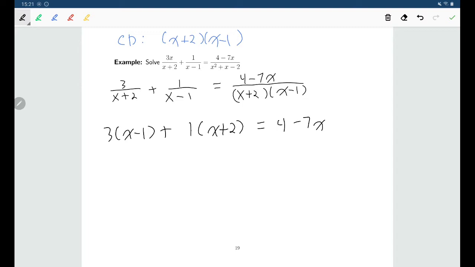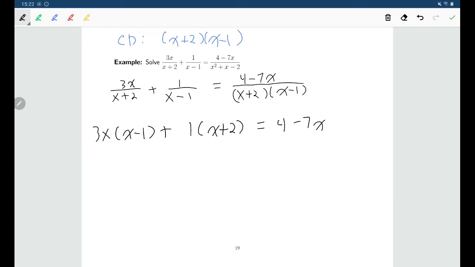There we go. And then the only thing left for me to do is realize I made a little bit of a mistake. Oop, let's just fix that. That wasn't supposed to be 3, that was supposed to be 3x. Good thing I stopped before I went too far.